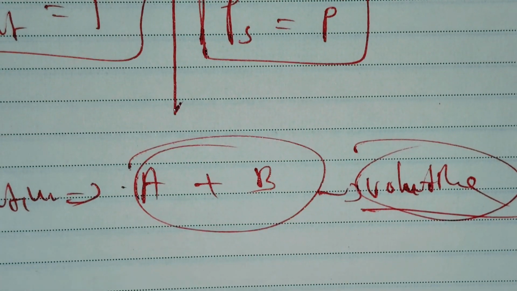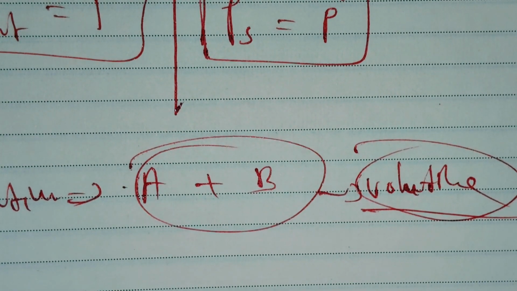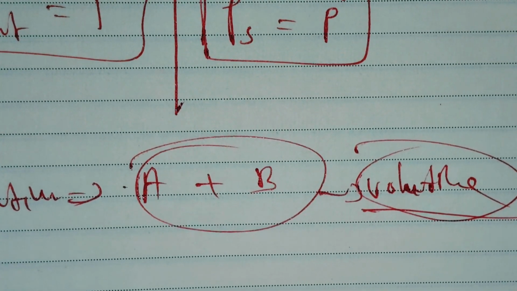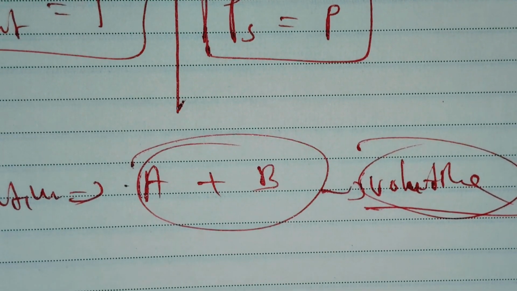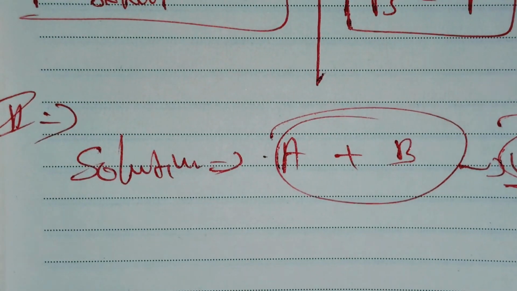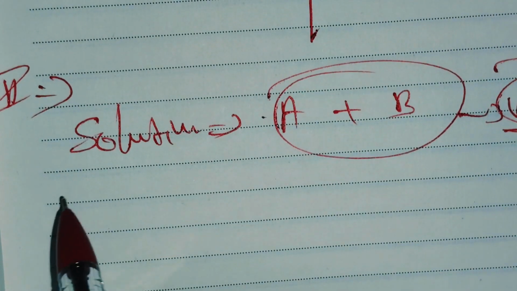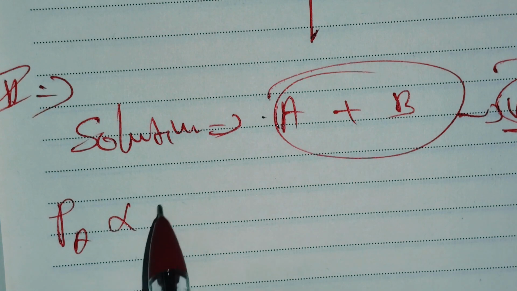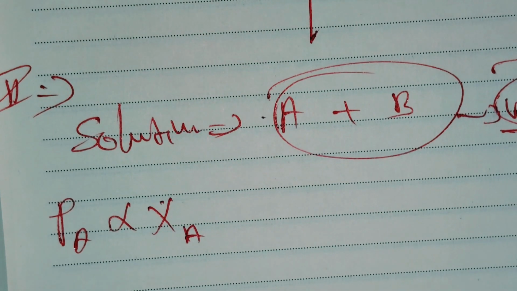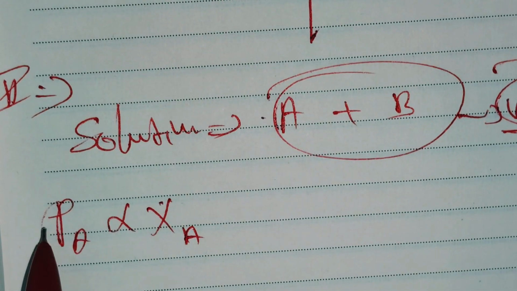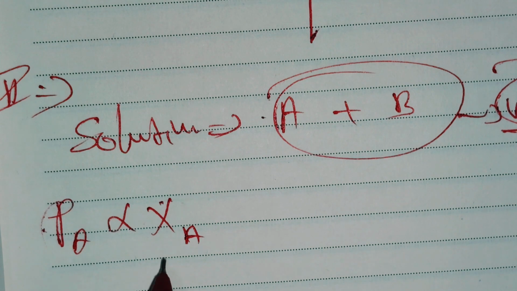For that reason, how will we calculate the total pressure? According to Raoult's law, P of A is directly proportional to X of A, so the partial pressure of A depends on the mole fraction of A.